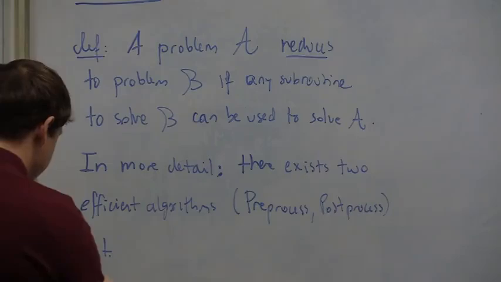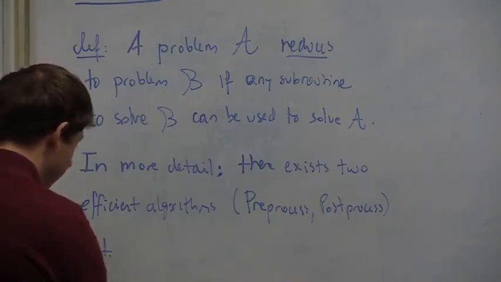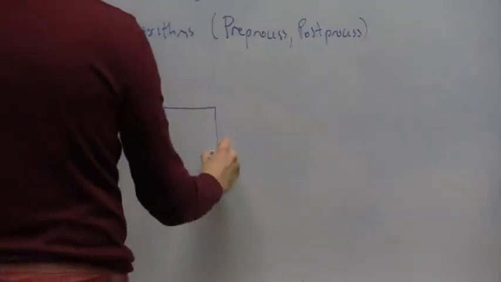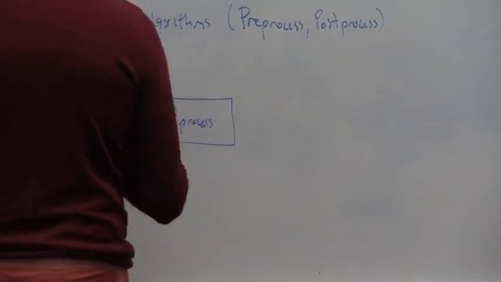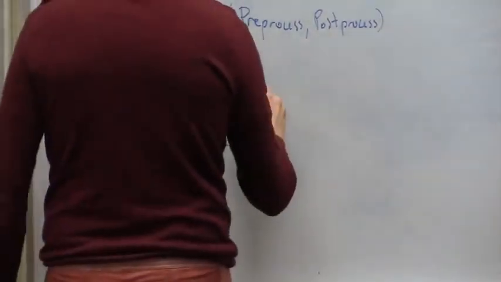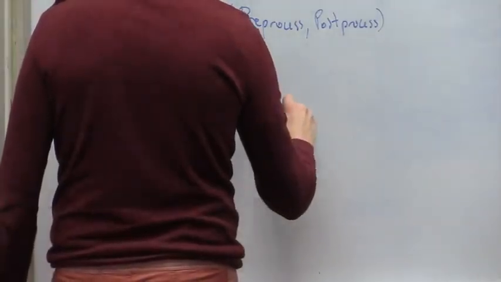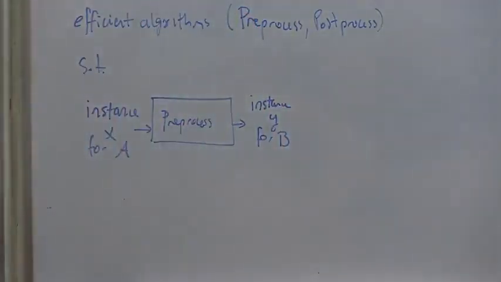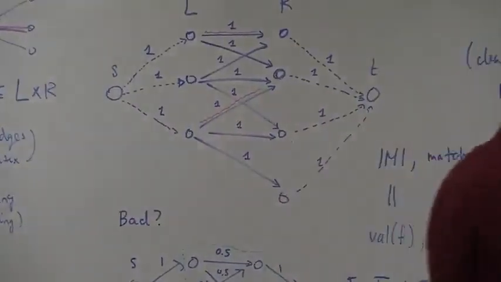If you have some instance x for A, if you give this instance to the pre-process algorithm, it's going to produce an instance y for B. This is analogous to saying you give me an instance of bipartite matching, and I pre-process it to construct an instance of max flow.